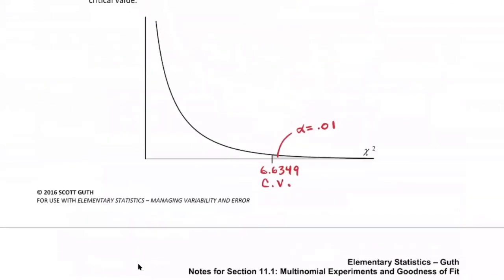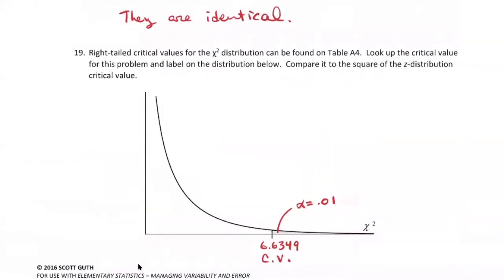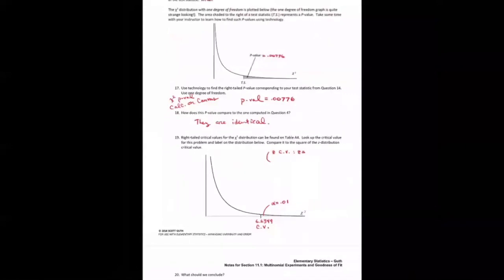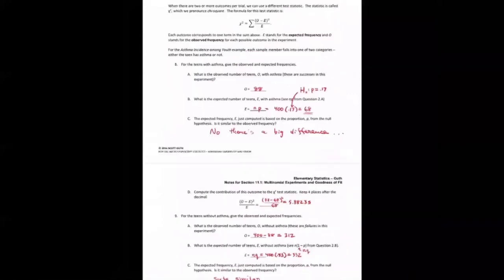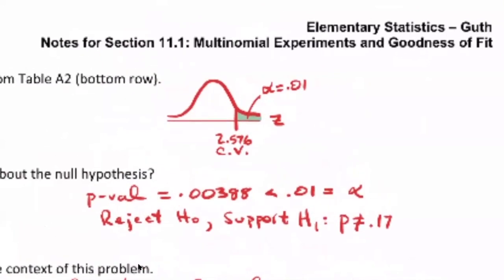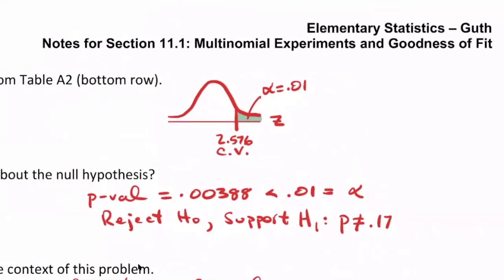And does it ask us to compare to the other Z critical value? So let's look at the Z critical value. I think it was 2.576. Let's just double check that. Here it is. 2.576.